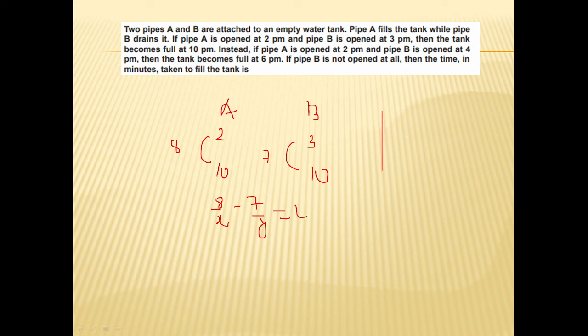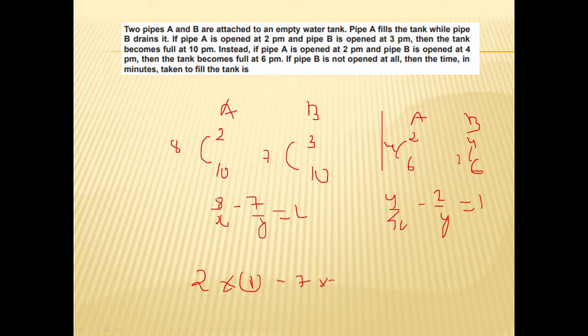Now in case 2, pipe A at 2 and pipe B at 4, so by 6 it will get filled. So 4 by x minus 2 by y equals 1. Solving both equations, what we will do is 2 times equation 1 minus 7 times equation 2.